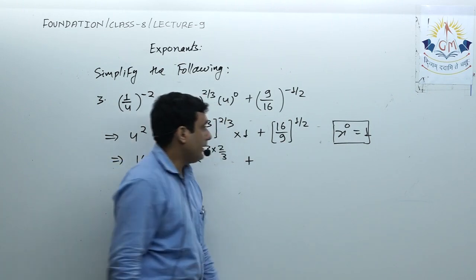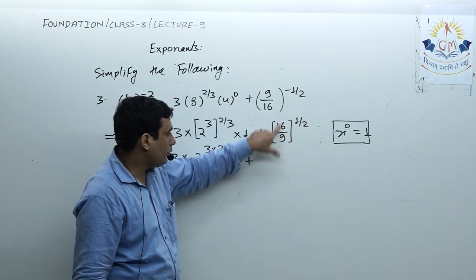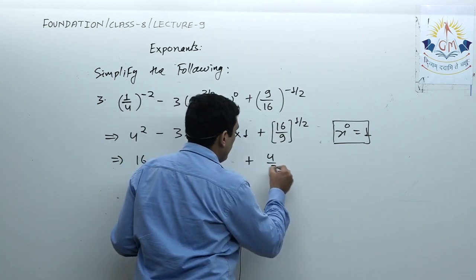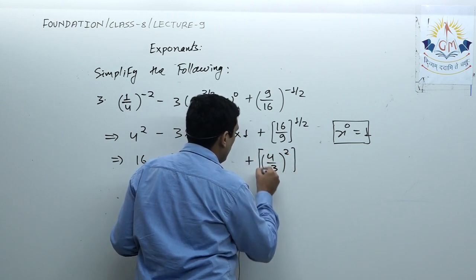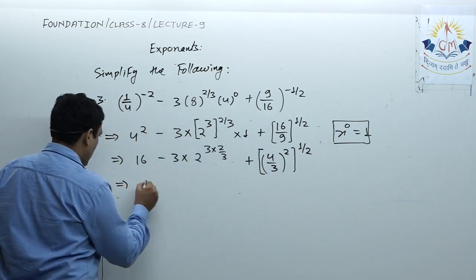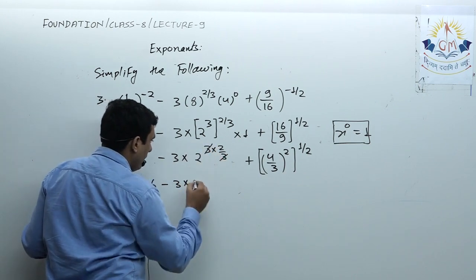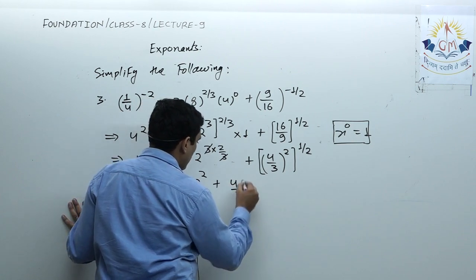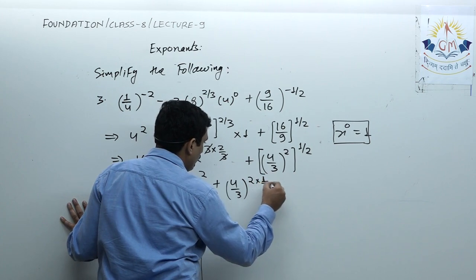Now again, as I told you, here in the denominator it is 2, that means it is possible to write this term as something raised to 2. So here actually it is 4 upon 3 raised to 2, and this 1 by 2 remains as it is. Next, this is 16 minus 3 multiplied by, now 3 and 3 will cancel out, I will get 2 square, plus 4 upon 3 raised to 2 into 1 by 2.